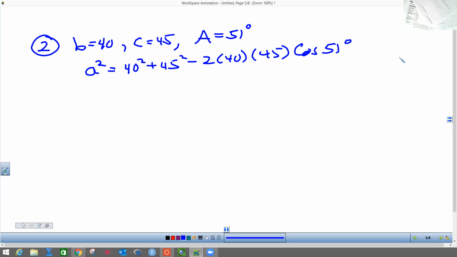And I told you not to type it in your calculator yet because that's not a over there, is it? This is a squared, isn't it? So I always take and I get rid of the square, which, how do you get rid of a square? We square root it, and this is a distance, so you never use the negative in front of the square root, it's only the positive.